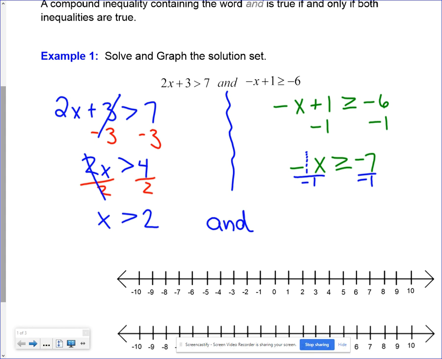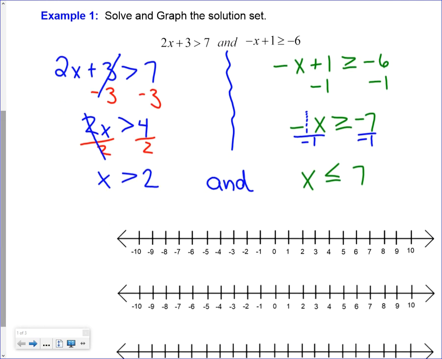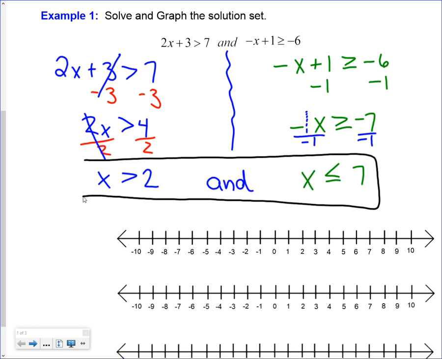And remember, when you divide both sides by a negative, you have to flip your inequality symbol. All right, so we got it solved. So this is my solution right here. x is greater than 2 and x is less than or equal to 7.